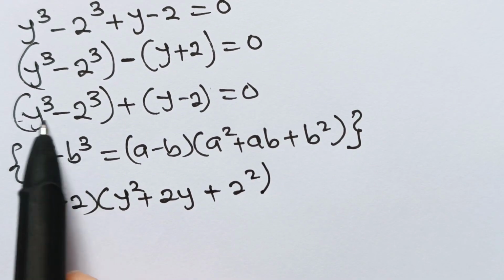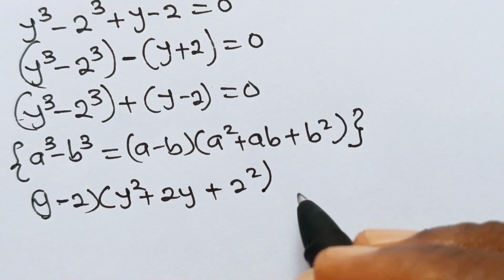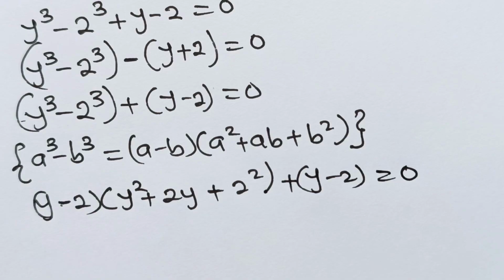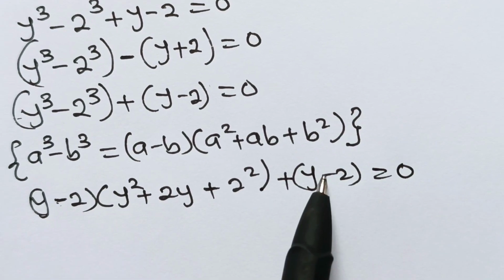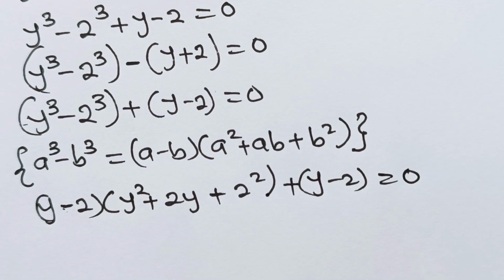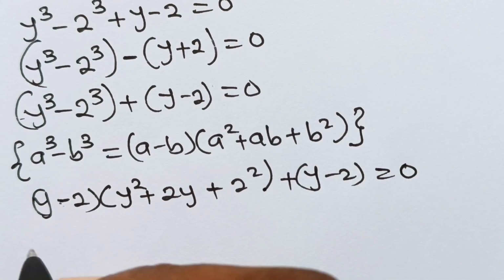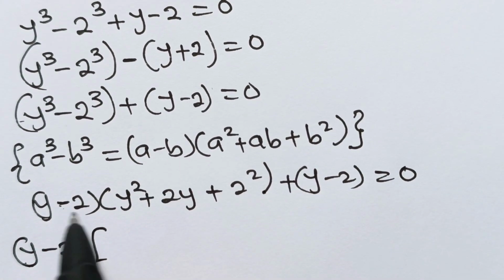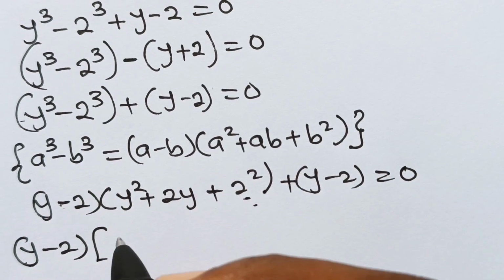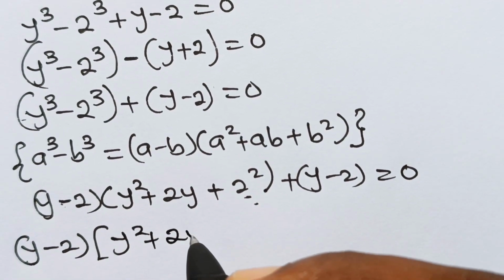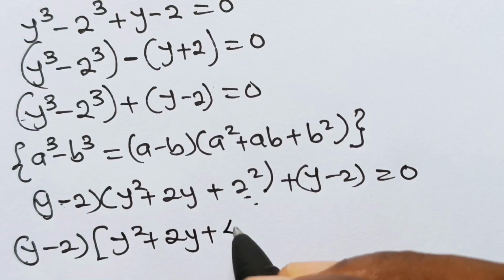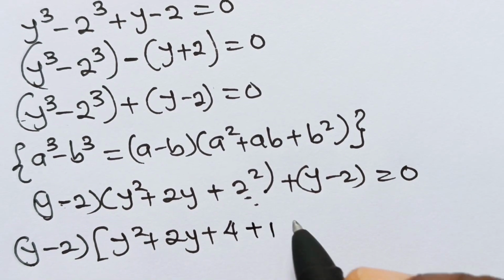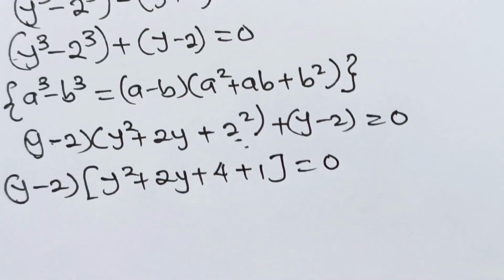Yeah, that is for this. Now, plus y minus 2 is equal to 0. Now, notice that we have y minus 2 here and here, so we can actually factorize. So to factorize, we bring out y minus 2, open bracket. When this is divided by this will remain y squared plus 2y plus 2 squared, which is 4. Then when this is divided by this, plus 1 is equal to 0.